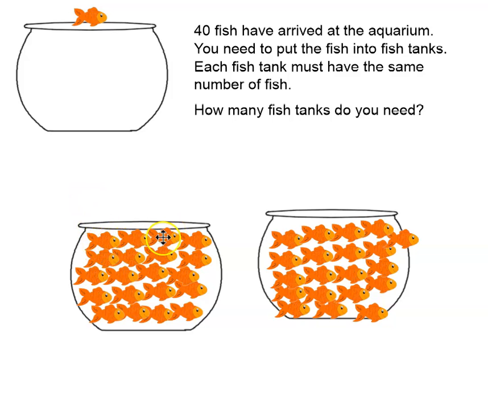1, 2, 3, 4, 5, 6, 7, 8, 9, 10, 11, 12, 13, 14, 15, 16, 17, 18, 19, 20. So there are 20 fish for this bowl. Do you think there are the same number in this other bowl?